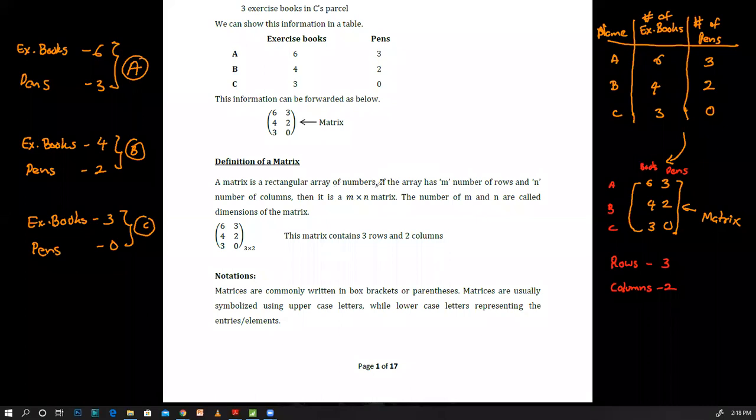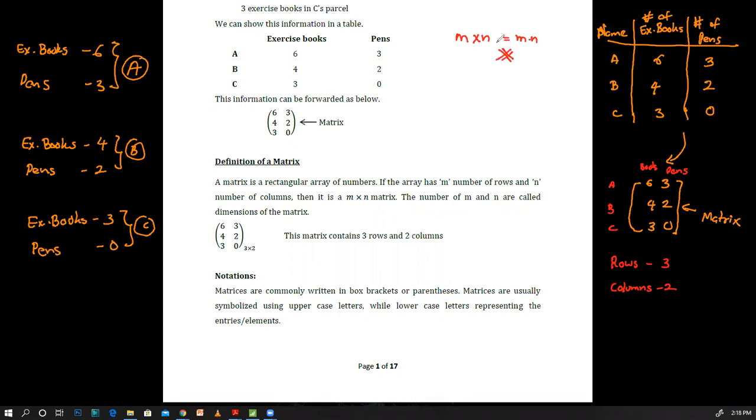Therefore, a matrix is a rectangular array of numbers, and if this rectangular array of numbers has m number of rows and n number of columns, then we say such a matrix is an m by n matrix. This does not mean m multiplied by n. We cannot say that this is equal to mn. That is a totally wrong concept.